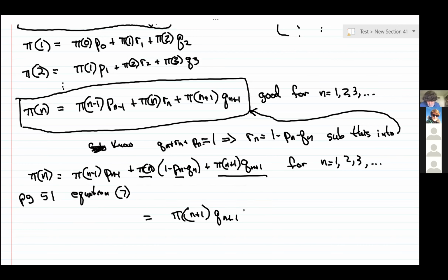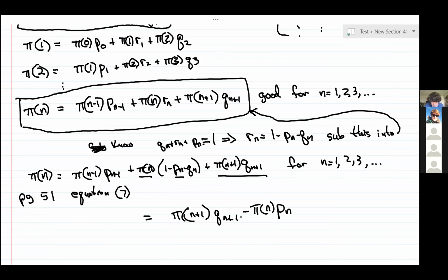My order is a little different than the book's, but I'm not going to worry about it too much. I'm going to have minus pi n times Pn. So I'm keeping this underlined portion here, and I'm keeping the product here. And that's the right side of my equation. What's the left side of my equation here?